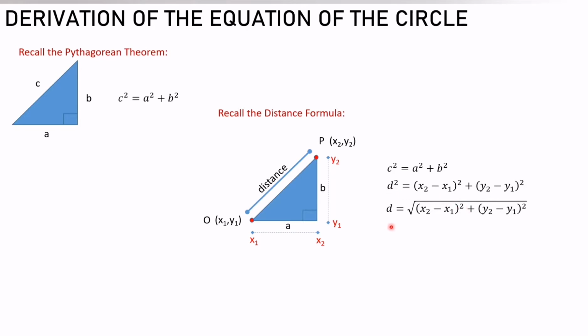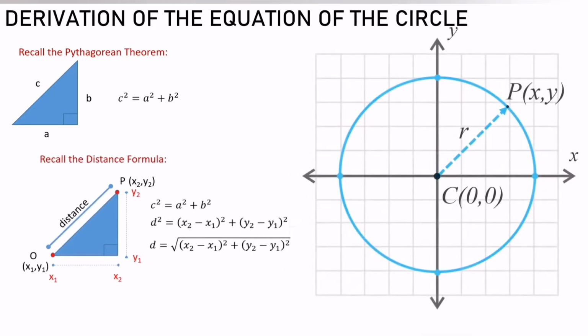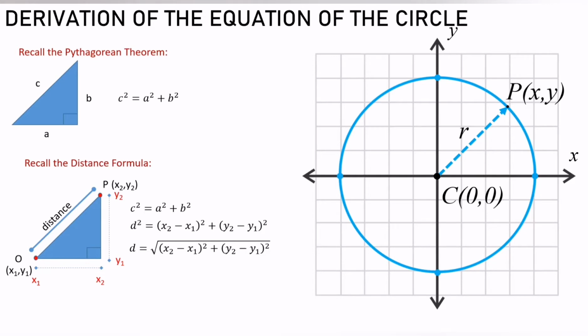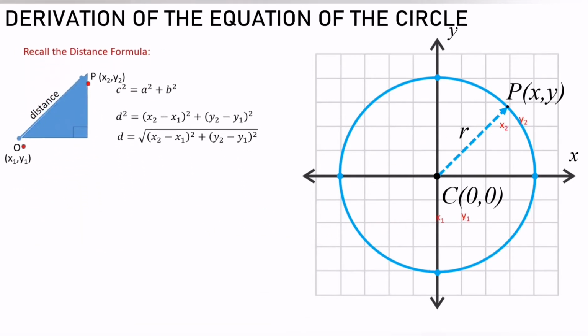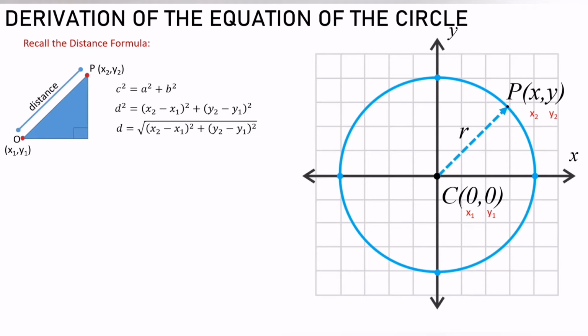And get the square root of that. We have our distance formula equal to the square root of x sub 2 minus x sub 1 quantity squared plus y sub 2 minus y sub 1 quantity squared. So in this case, our distance is now labeled as r, or the radius of the circle.